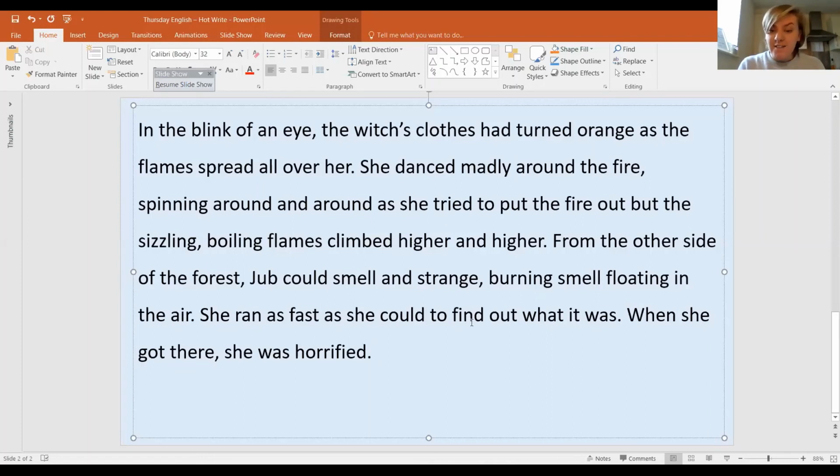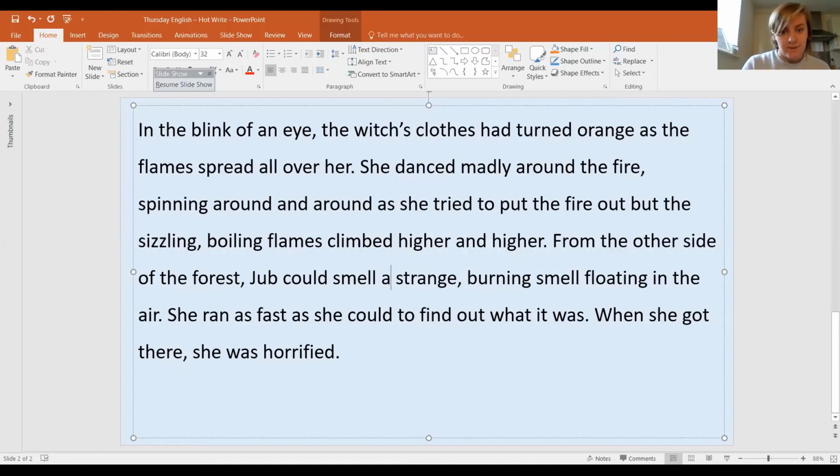She ran as fast as she could to find out what it was. When she got there, she was horrified. So I have two fronted adverbials, from the other side of the forest, and in the blink of an eye. And I have two expanded noun phrases, the sizzling, boiling flames, and the strange, burning smell. Made a mistake there. Job can spell strange. Happens to the best of us.